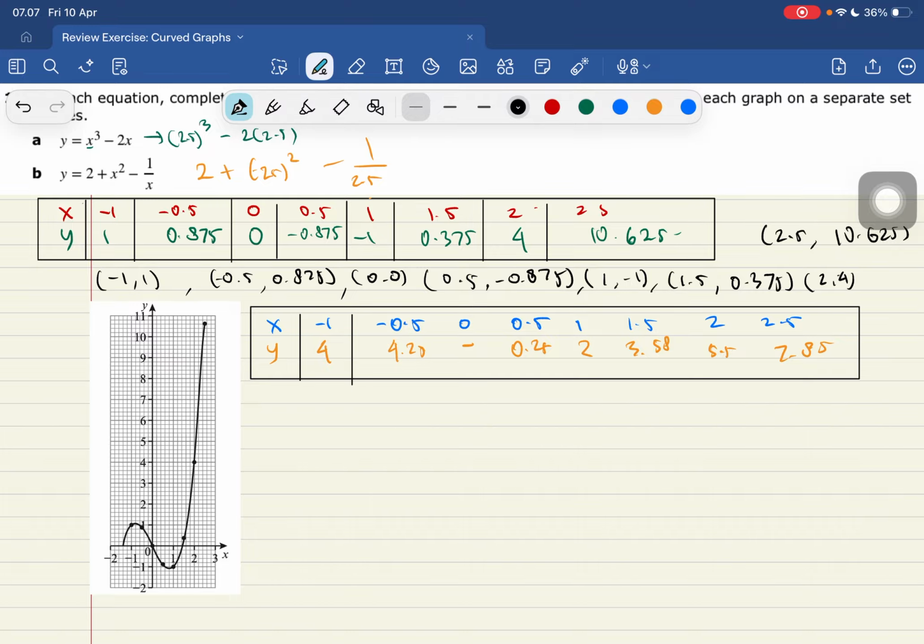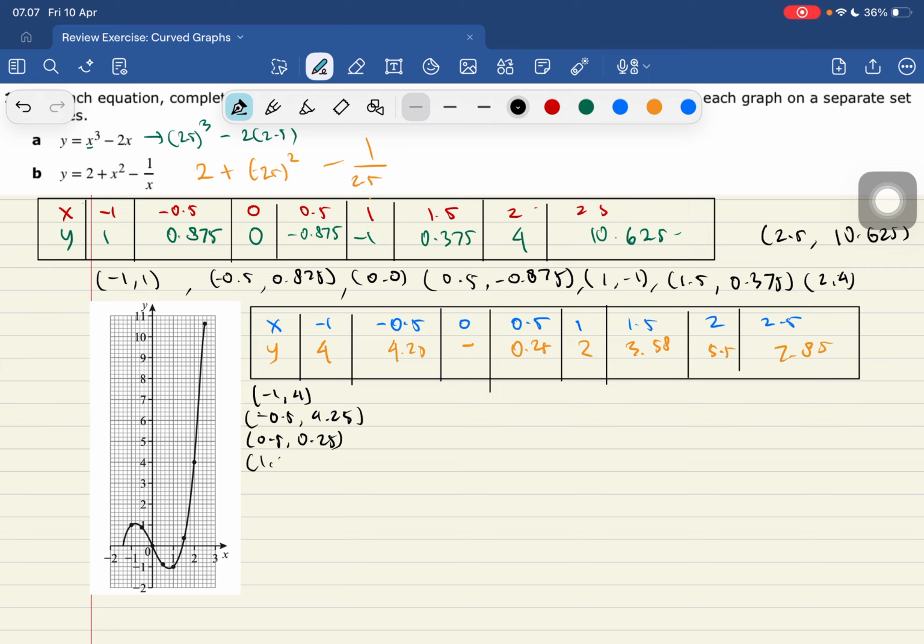The table for the second equation. The points we can write: negative 1 and 4. Next, negative 0.5 and 4.25. Next one, 0.5 and 0.25.